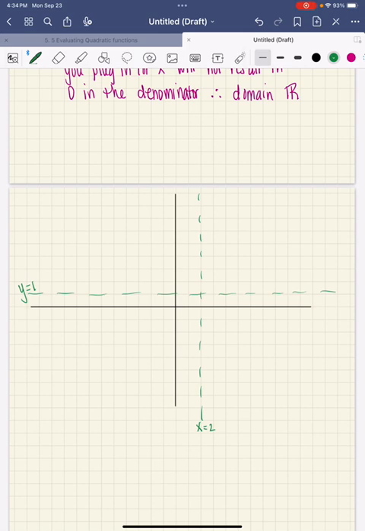And the graph goes through the point, I'm literally just making this up off the top of my head, the graph goes through the point 0, 3, and how about 5, 0? It would be nice if it actually went through 5, 0, huh?